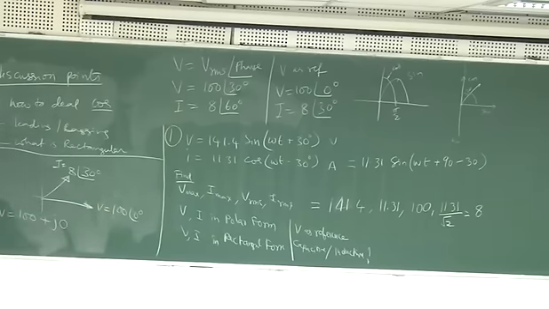For I, the projection on the x-axis will be 8 into cos 30. Cos 30 is 0.866, and multiplied by 8 it gives some value. So 8 cos 30 plus j, 8 into sin 30, which is 4, because sin 30 is 0.5.